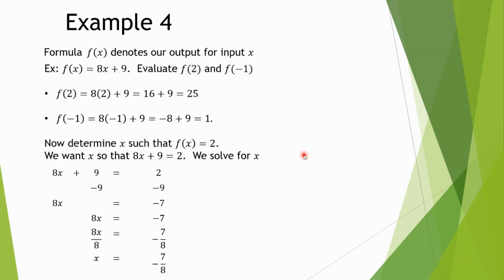Okay, here's another one. Now remember, a function can also be represented by a formula. The idea there, remember, is f of x is our output, x alone is our input, and the function is going to do some calculation with x.